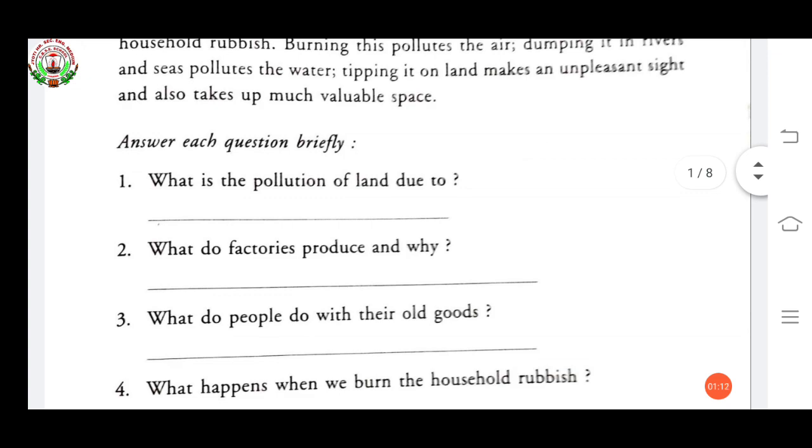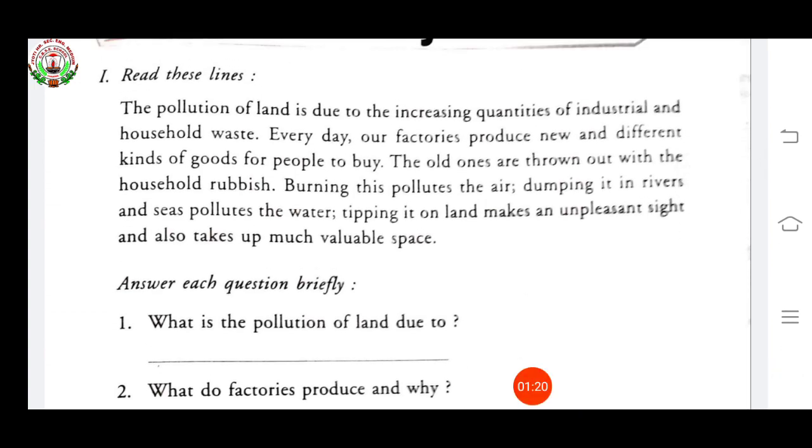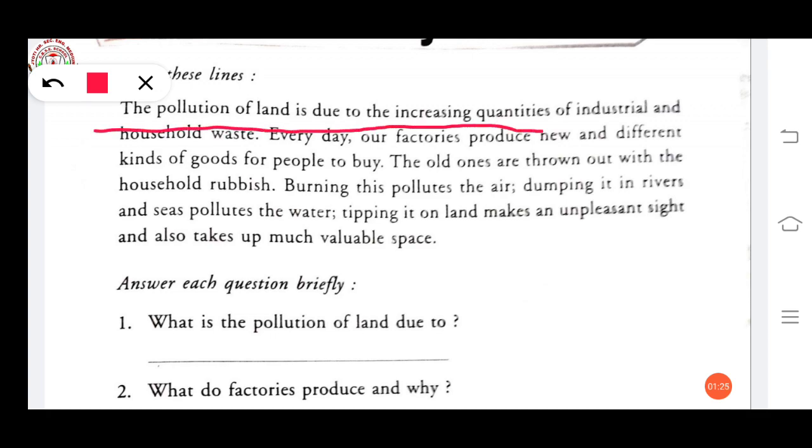Now, see the questions. What is the pollution of land due to? This answer is given in the first line. You can see here, the pollution of land is due to the increasing quantities of industrial and household waste. So this much is your first answer. Now see the second question.